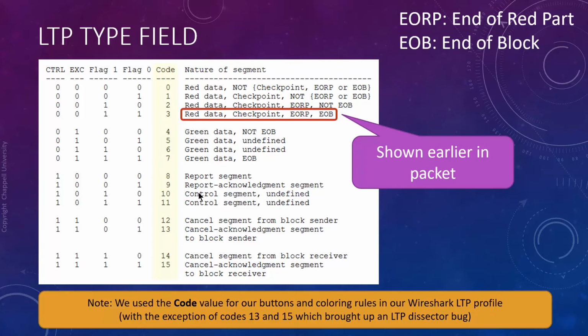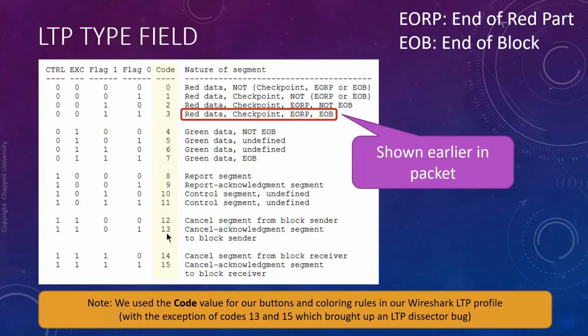There is a note on the bottom of here that explains, if you're going to use our Wireshark profile, you will note that we defined things based on this code number in decimal format until we got to number 13 and number 15. These two specific frame types for LTP communications, Wireshark won't throw a dissector on them no matter what we do.